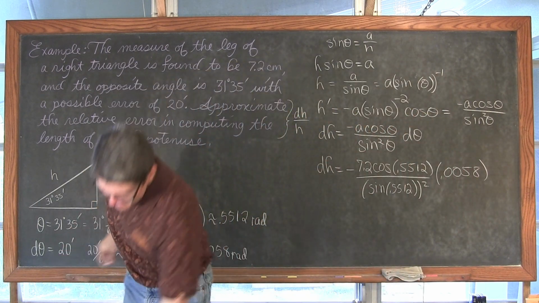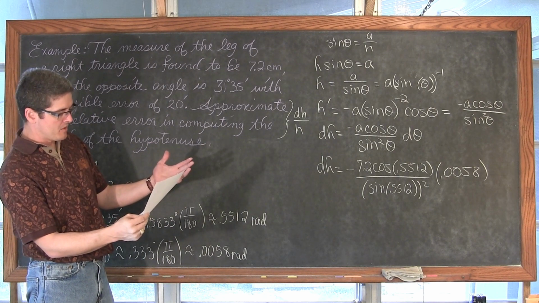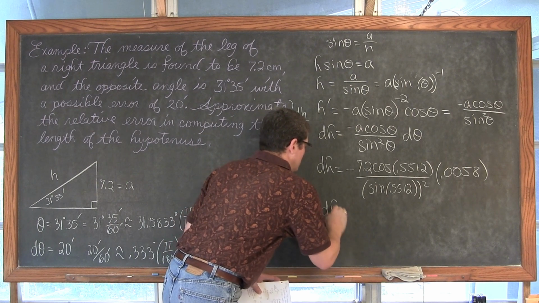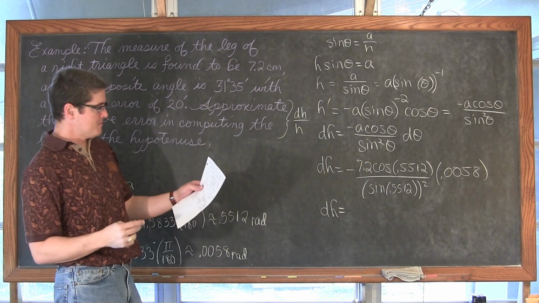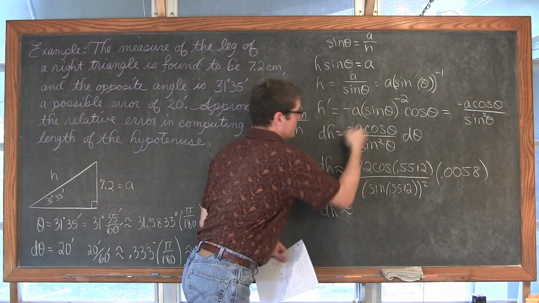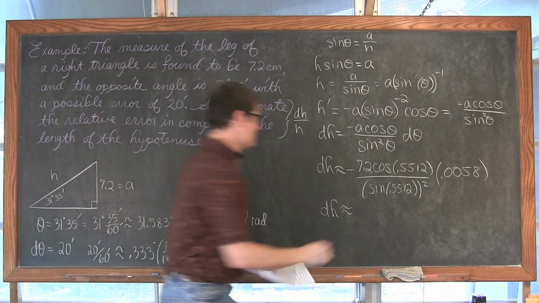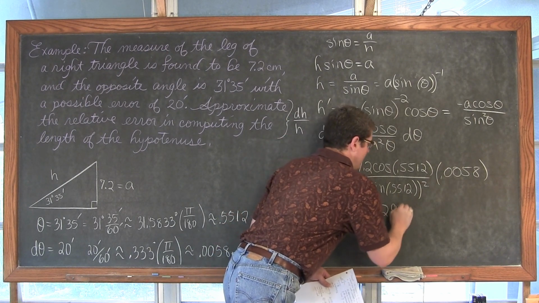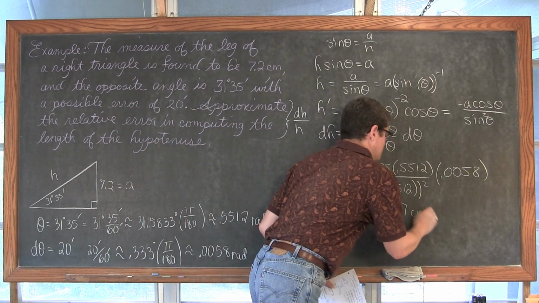That comes out to a DH value that is equal to, let's just make sure I didn't write anything wrong up here. Nope, that comes out to DH, or estimated propagated error in the measure of the hypotenuse, approximately, really kind of, this should be as well because of our rounded off decimal values, plus minus 0.1297. We're measuring hypotenuse and length, so that'll be centimeters.